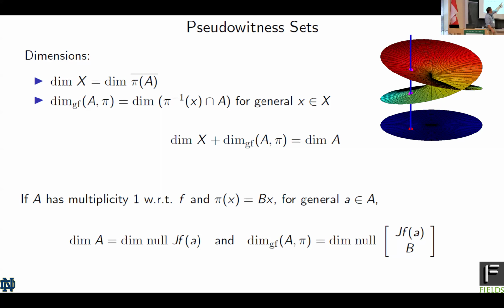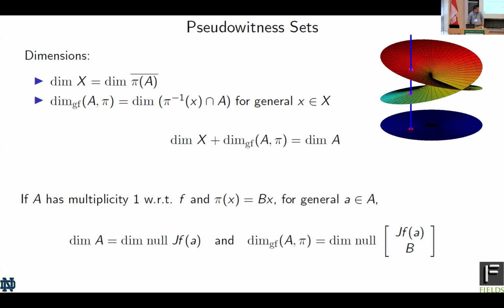It's really nice. The dimension of the image plus the dimension of the general fiber add up to the dimension that you started with. And if everything is nice, so if your original variety had multiplicity 1, then you can look at this by just null spaces. Pick a general point in A, in particular a witness point.